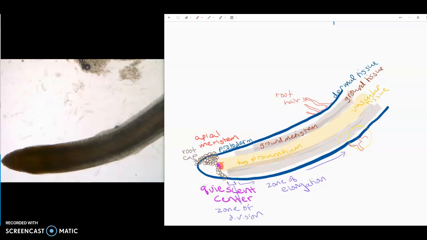So here's our root hairs on this side. Okay. And so as soon as we see that root hair, we get our zone of differentiation or maturation.